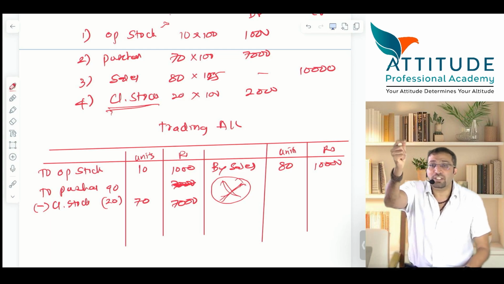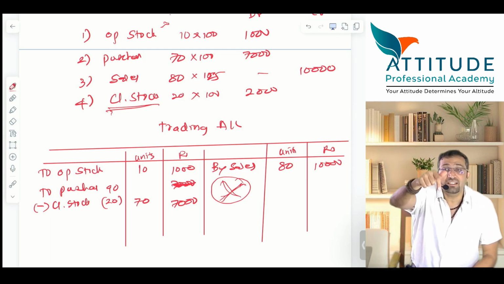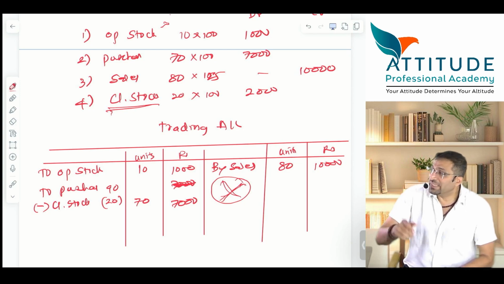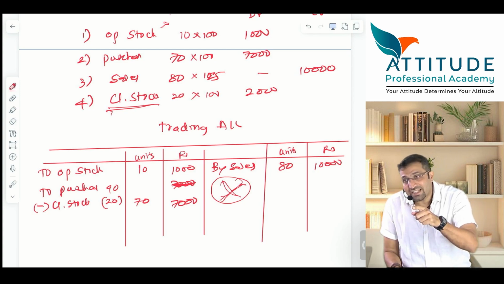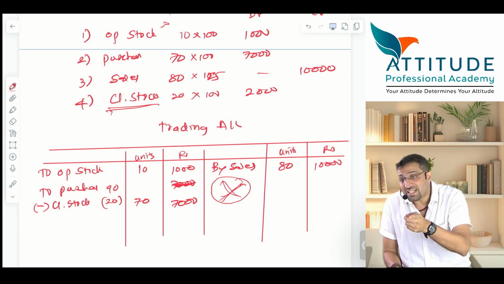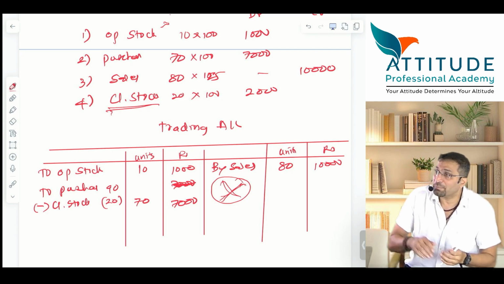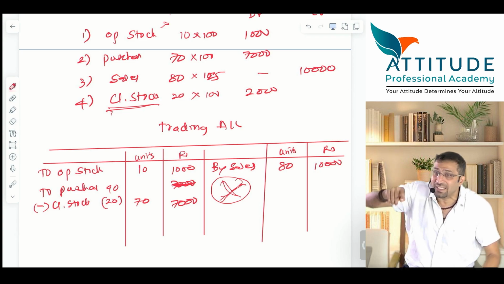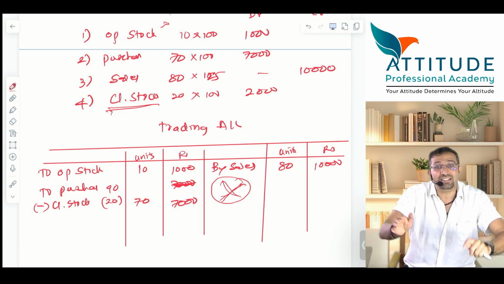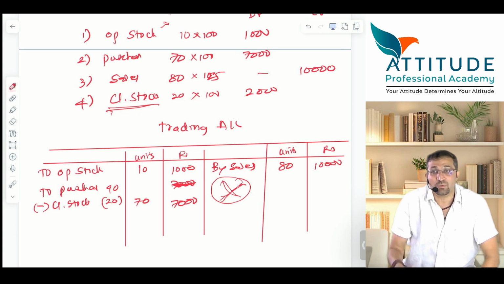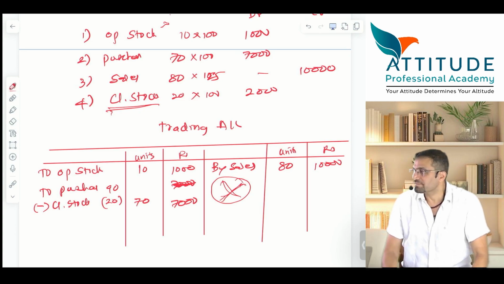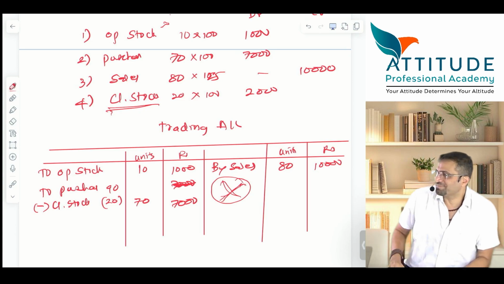If the closing stock appears in the trial balance, it means that the closing stock entry is already passed by adjusting it with the purchase account. It means that whatever purchases appear in your trial balance are not your actual purchases, they are adjusted purchases. This is a concept.